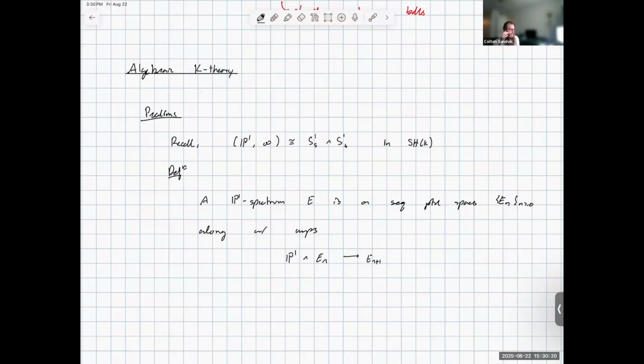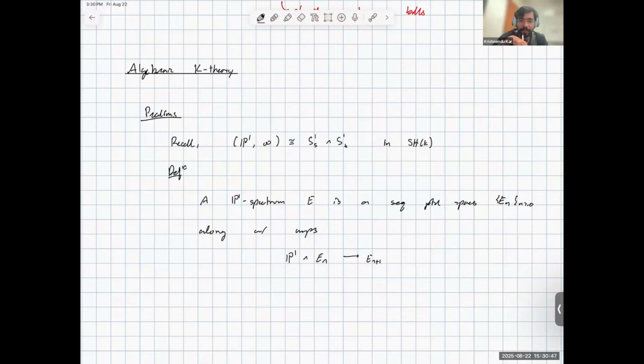Notationally, it makes things a little cleaner for us. Part of it is that a lot of these theories that we'll discuss are P1 stable. In some sense, they have some periodicity with respect to suspension by P1, so it just is a little easier to write. Did you have something to say, Krishnendu?